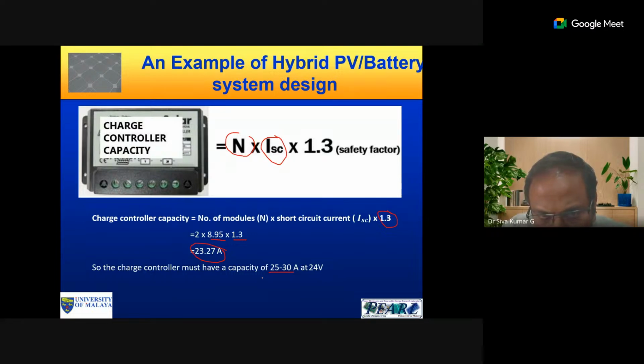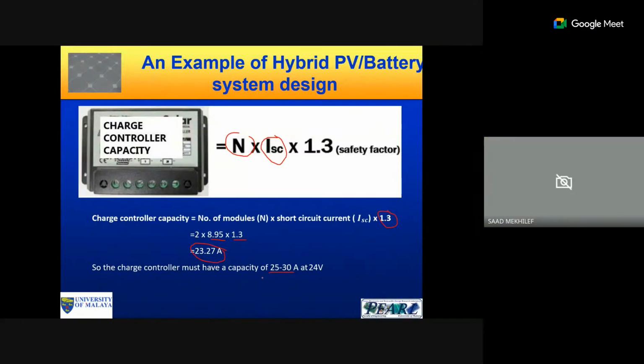Is it required to have the rating of the charge controller? Yes, because with different charge controllers you have a different number of batteries and a different number of panels.